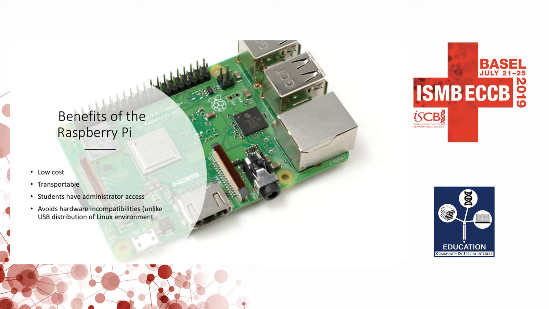It's transportable, as I've shown. Students have administrator access, so they can have the full experience of installing software and creating their own work environment within bioinformatics. And it avoids hardware incompatibility, so you don't run into those issues that you would with a USB stick.